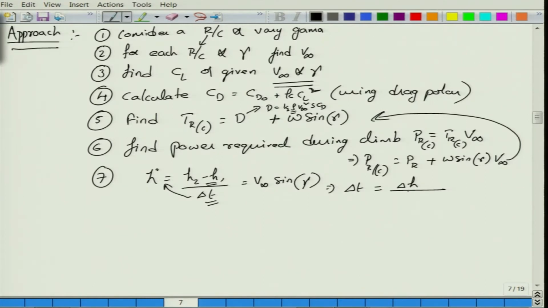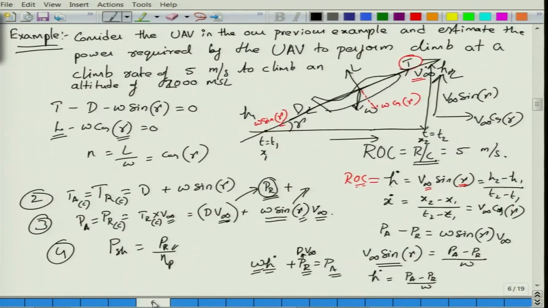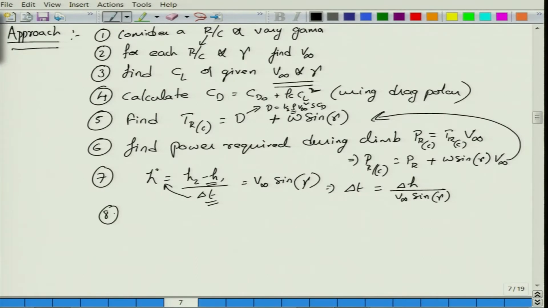So this is delta h upon V infinity sin gamma, the rate of climb. Similarly, you can find the horizontal distance that you can travel, where x dot is V infinity cos gamma.